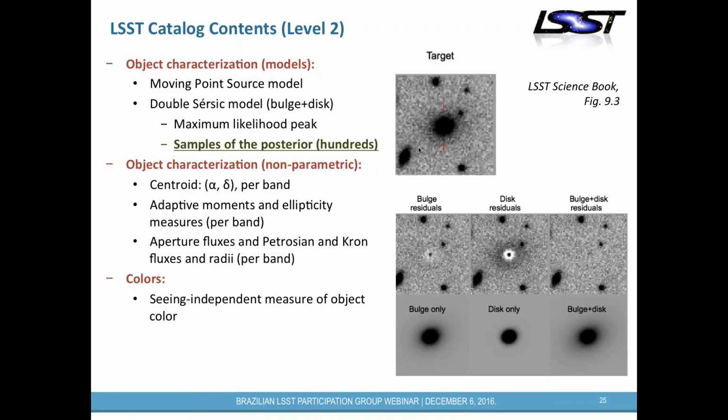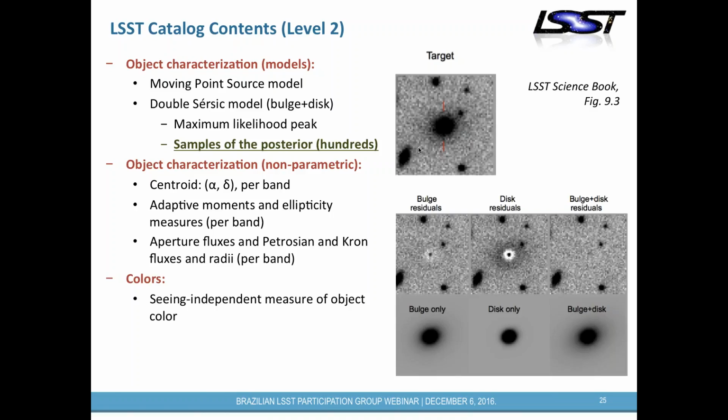Another important thing that we're going to deliver in these catalogs is a seeing-independent measure of object color. This is actually very non-trivial. It's easy for stars, which are point sources, but for galaxies, even the definition of color is difficult when you take into account the fact that there may be color gradients in the galaxy and that there's also atmospherically induced seeing that changes.